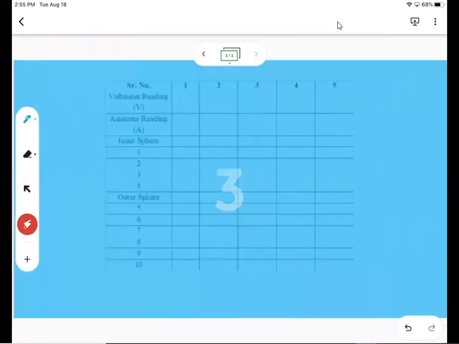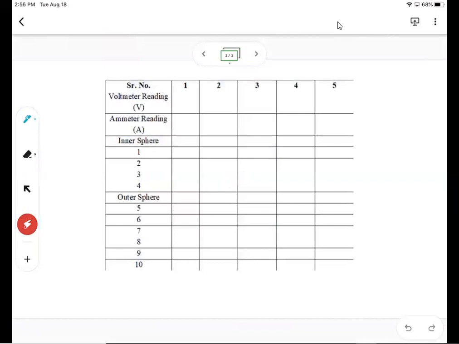So let us move on to the table. As I mentioned, in the table you first take the reading of voltage, then the reading of the ammeter. Before even starting the experiment, you need to switch it on and wait around 10 to 15 minutes so that your setup reaches a steady state condition, because in our approach we always assume steady state.